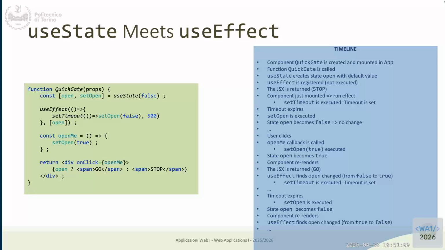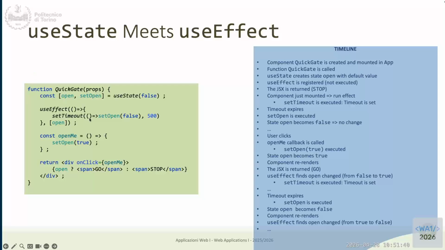And the second is that the effect is run every time this variable changes, independently of the direction in which it's changing. So we are scheduling the timeout every time the gate is opened, but also every time the gate is closed. Every time open goes from true to false, we are scheduling the effect again.